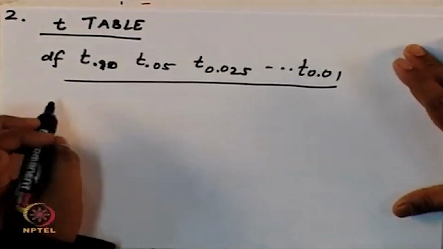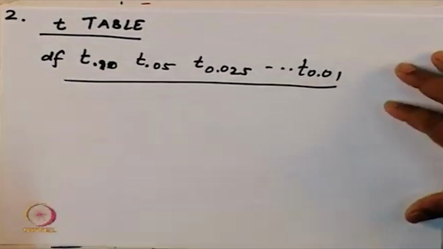The t test actually gives you the area for the upper tail only.